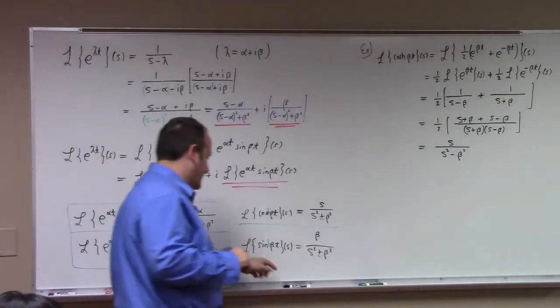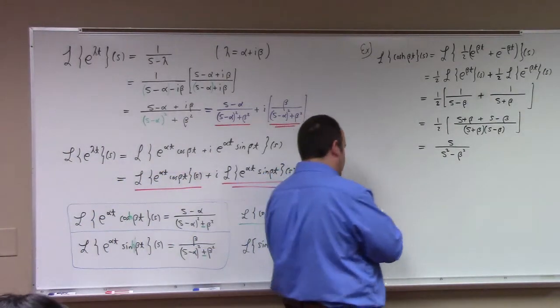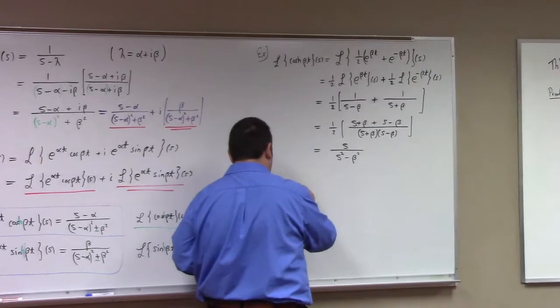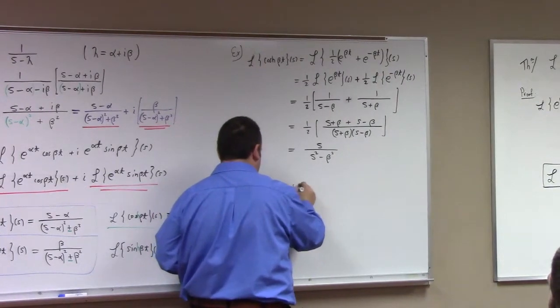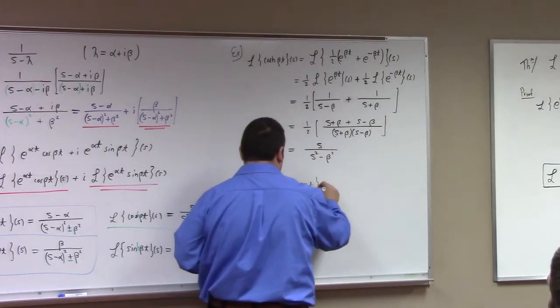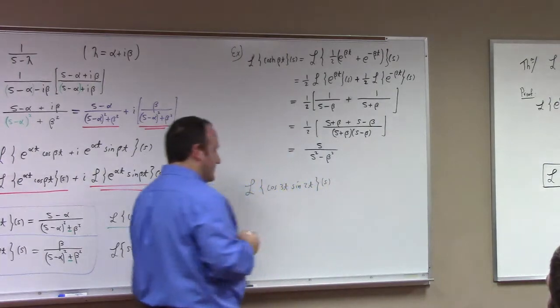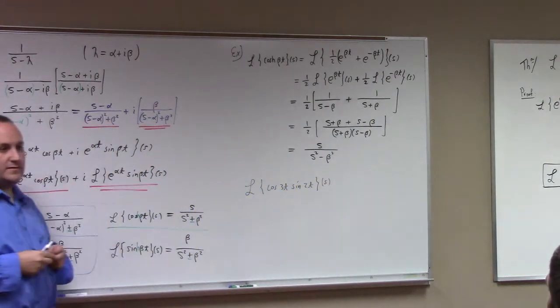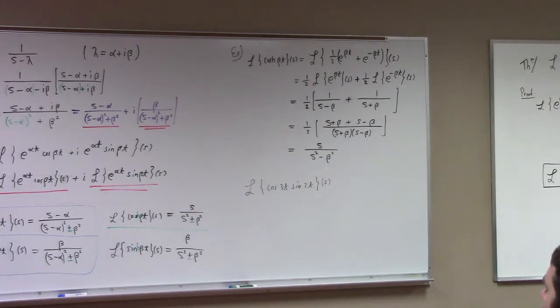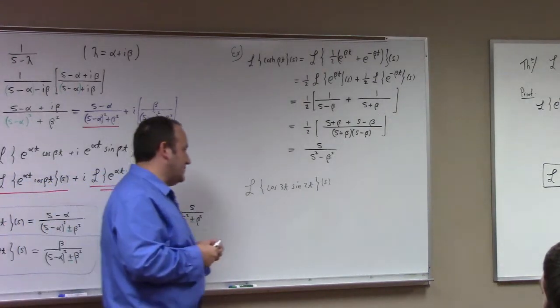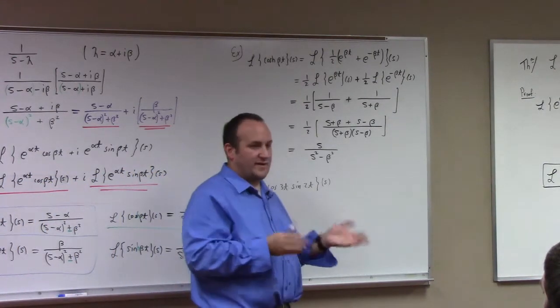To be more precise, for example, if I asked you to take the Laplace transform of cosine 3t times the sine of 2t, you'd be in trouble unless you know how to convert that to two related sine functions. That's like 1/2 sine of 5t minus 1/2 sine of t, or plus or minus that, something like that.